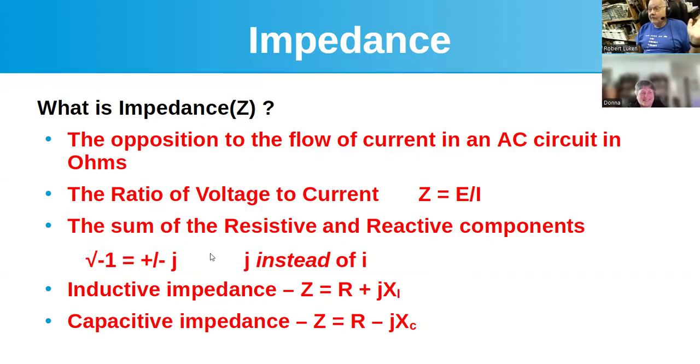Remember, I is the square root of -1. Nobody could figure out what the square root of minus 1 was, so it's plus or minus I, which mathematicians use. Since we use I for current, we had to pick a different letter.